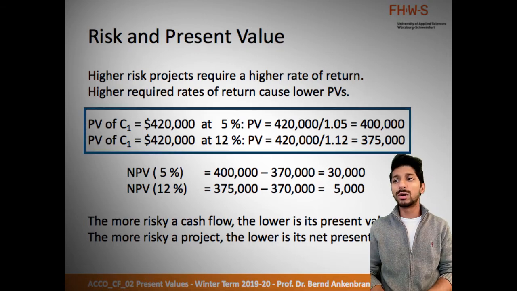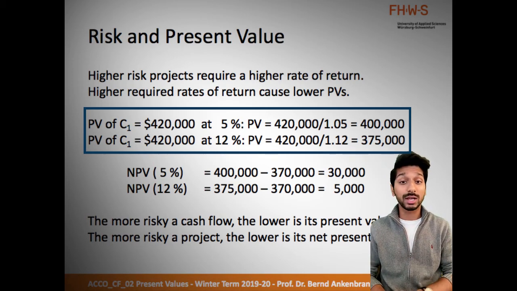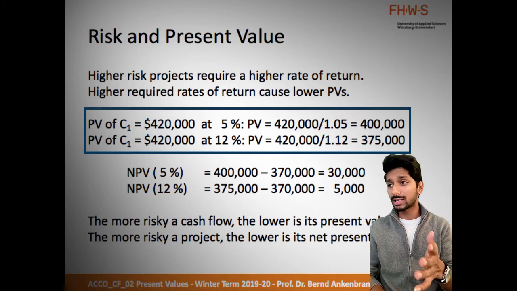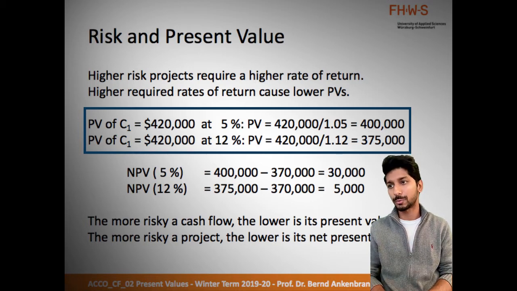So present value with 420,000 at 5%, which we calculated earlier, gives us 400,000. We already saw that. Now we look into the example of the city center. It's at 12%, 420,000 divided by 1.12. Because of 12%, it gives him only 375,000 of present value.